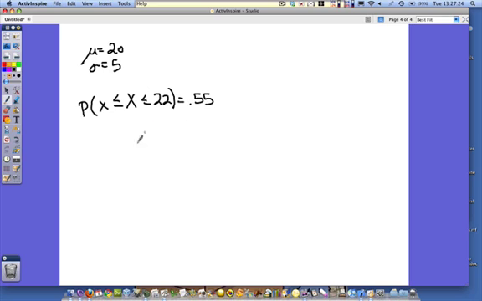Okay, what does this say to you? Well, in our picture, I didn't mean 0.20, let me erase that. That's 20. What it means is this.